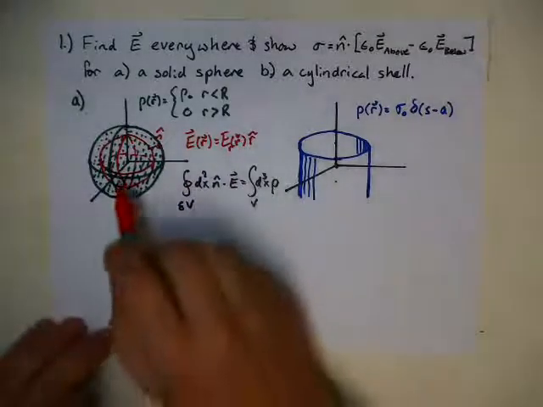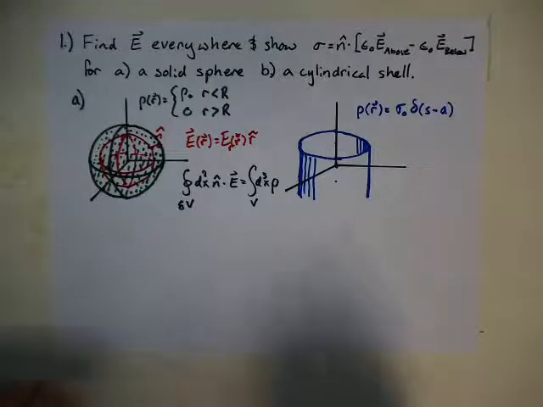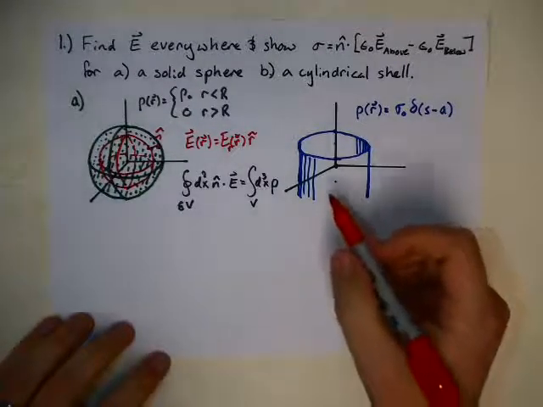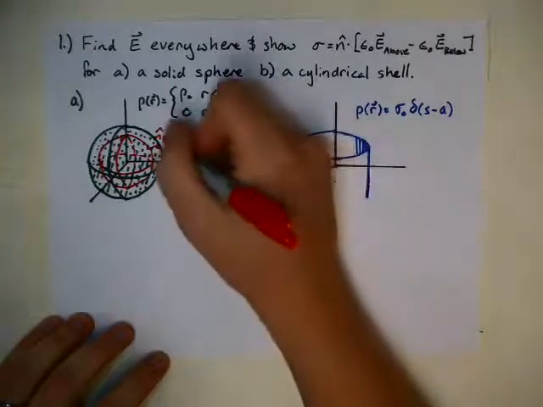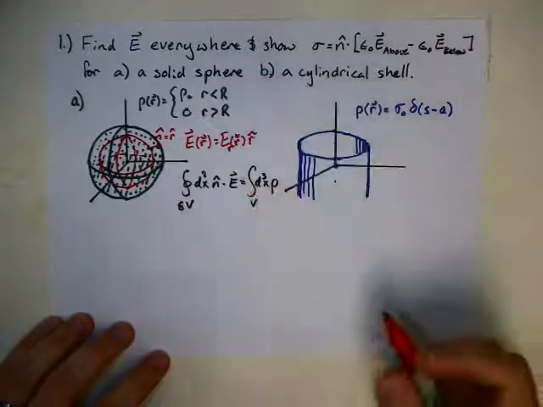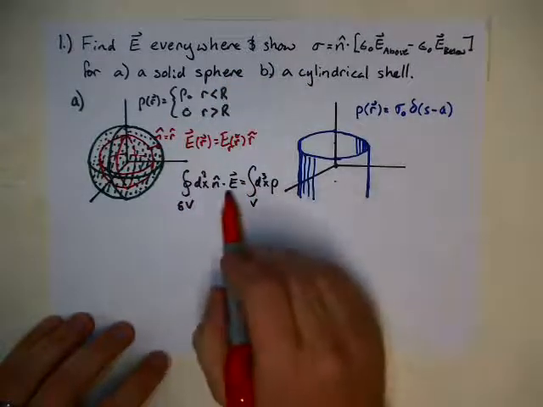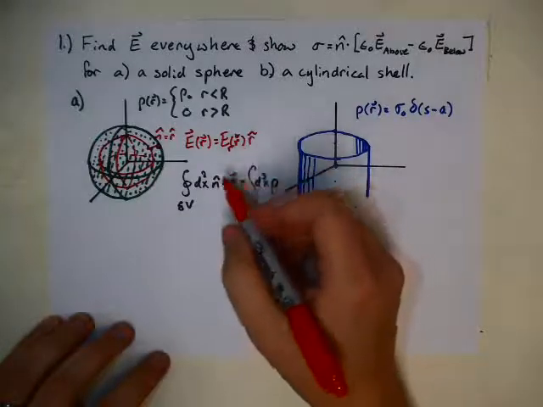So for our spherical symmetry case here, we've already made the assumption that E is in the radial direction, our n hat is also in the radial direction, and so n hat dot E is just going to be E sub r.